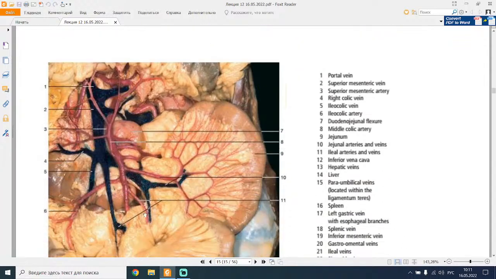For example, what do you see? Vein and artery. Artery, vein. Vein, artery.